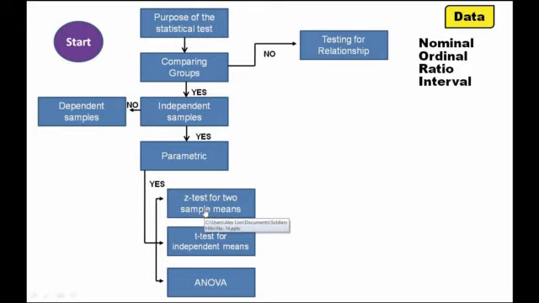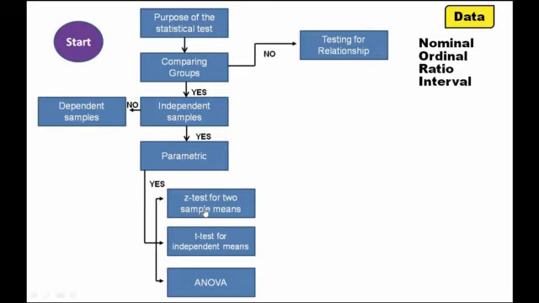Pag sinabi nating T-test, or we are using T-test for two sample means, ang ginagamit natin na research design ay descriptive research design. Or the number or the sample size is 30 or more.